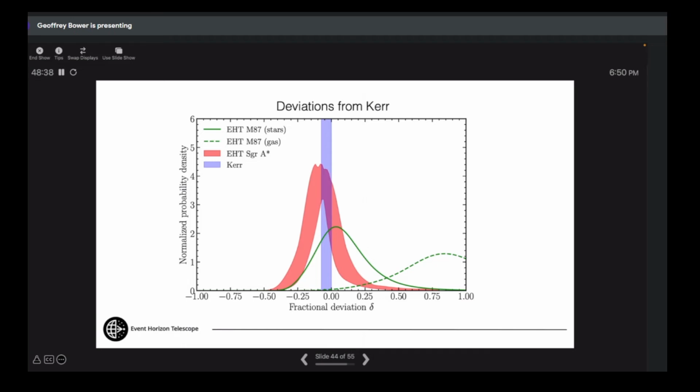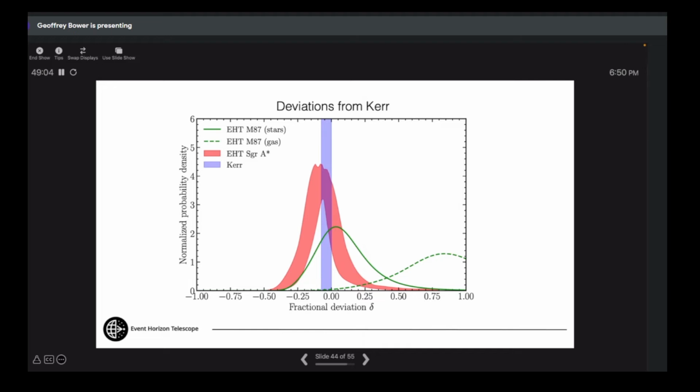Now, one of the meatiest aspects of this work is just to make a comparison against the prediction of the Kerr metric. We did this for M87, and this is purely based on the diameter of the ring that we measure and then calibrated against the astrophysics of the system.